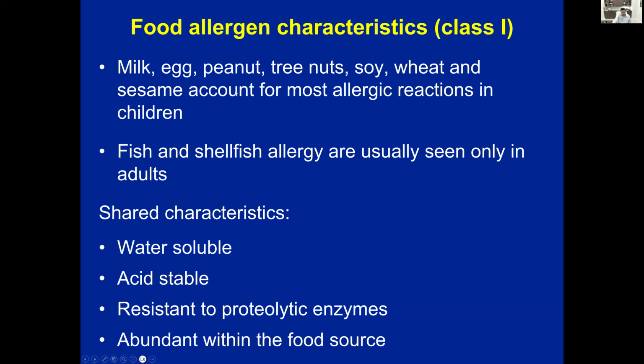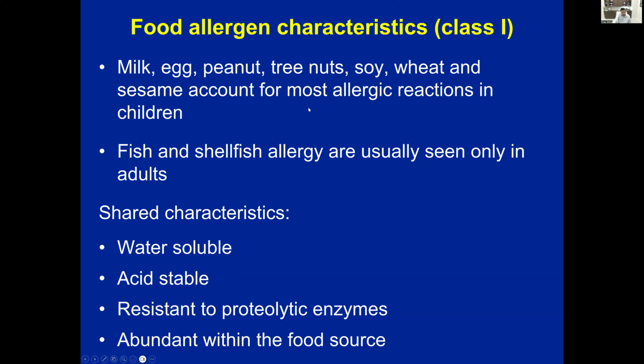What is unique about these antigens is that they're water soluble and acid stable. That's why when you ingest the food, the stomach acids don't break down the protein. They're resistant to proteolytic enzymes, and they're abundant. Within the food source, these are very common antigens.